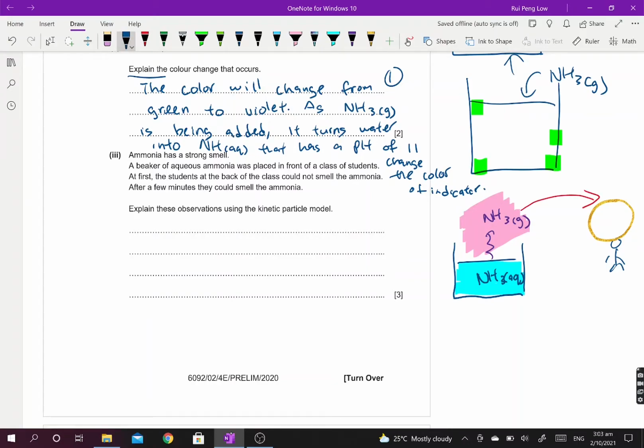So how are we going to answer this in words? So what you're going to say is the aqueous ammonia will evaporate.